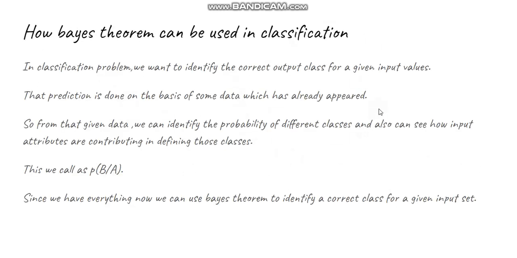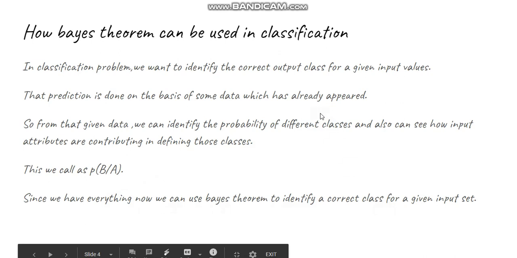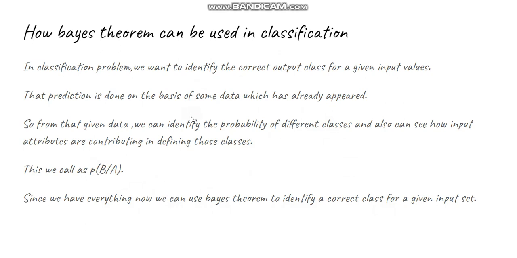You have several data values, and from those you can identify the value of P(B|A). From the given data, we can identify the probability of different classes, and also see how input attributes contribute in defining those classes. So this we call P(B|A), and let us suppose B and A are different classes; the probabilities of the classes P(B) and P(A) we can identify. Since we have everything now, we can use Bayes theorem. That's why this concept is useful.